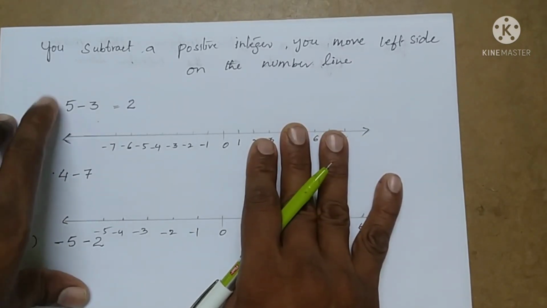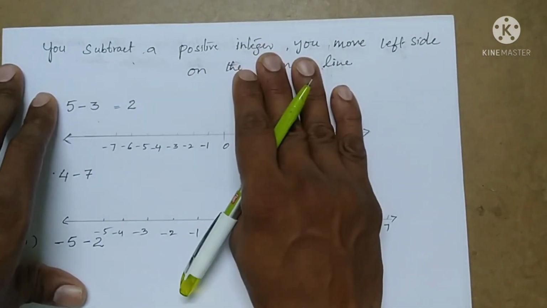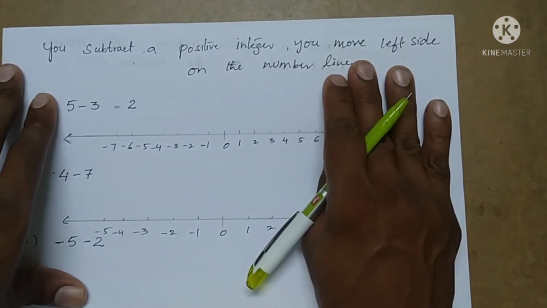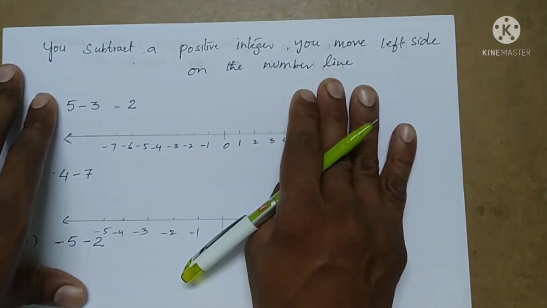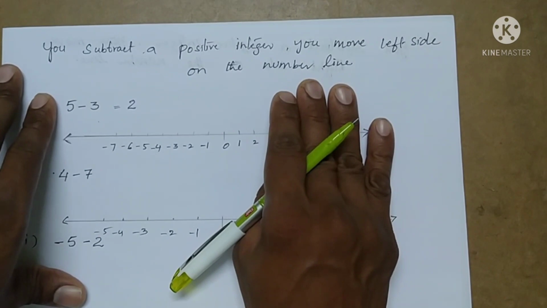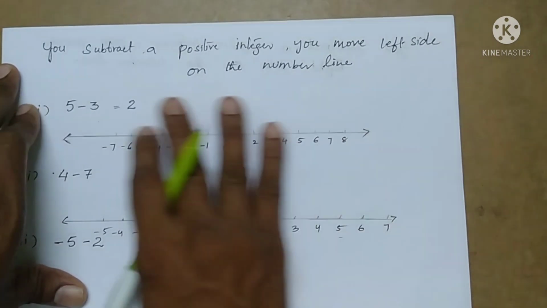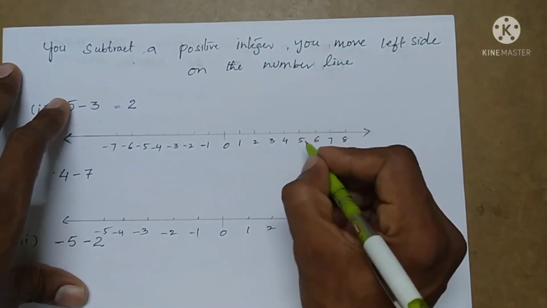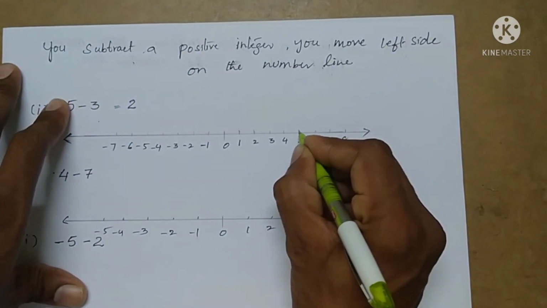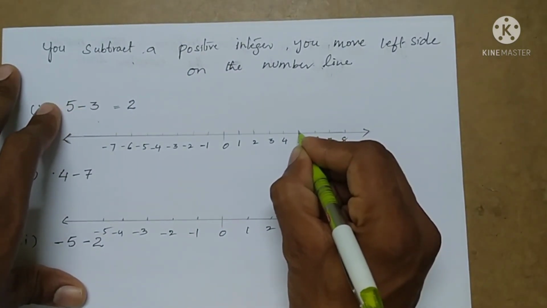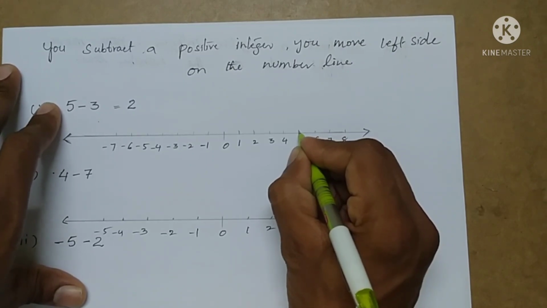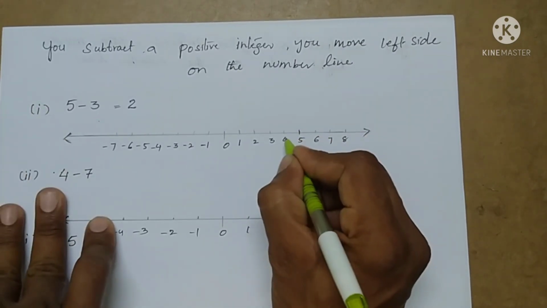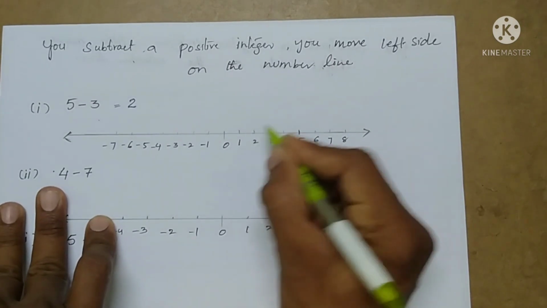In this situation, when you subtract a positive integer, you move left on the number line. So here, subtract 3 from 5. This is position 5 on the number line. Subtract 3 means you move left: 1, 2, 3.